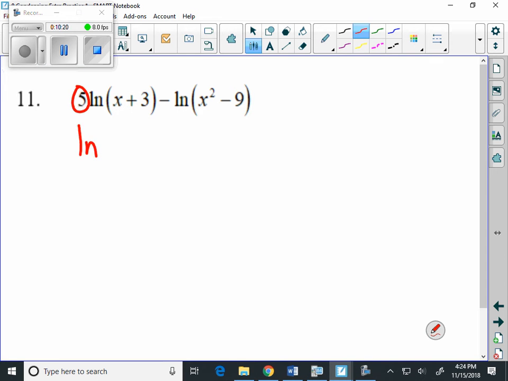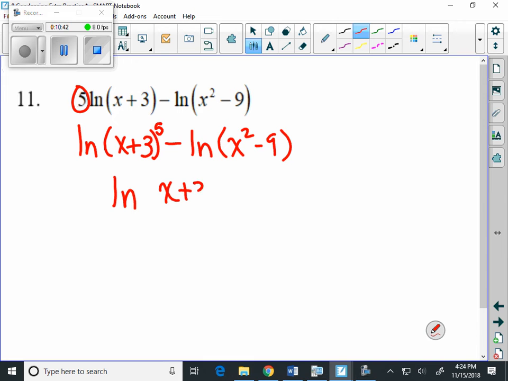So we're going to have the natural log of x plus 3 to the 5th minus the natural logarithm of x squared minus 9. Well, our goal is to turn this problem into one logarithm. So we're going to have the natural log of x plus 3 to the 5th divided by, and we're dividing because there's a subtraction symbol in there, x squared minus 9.